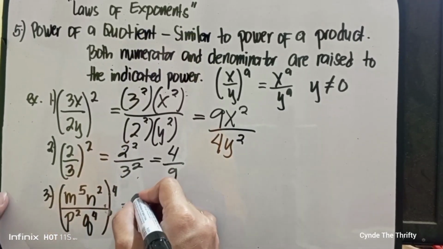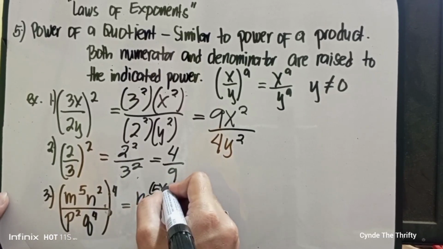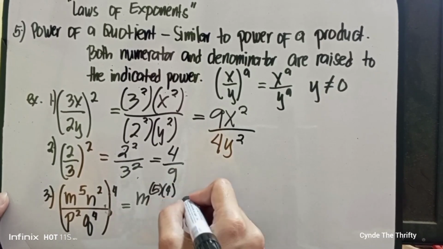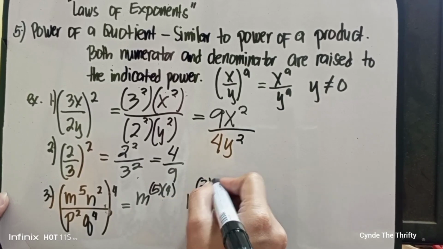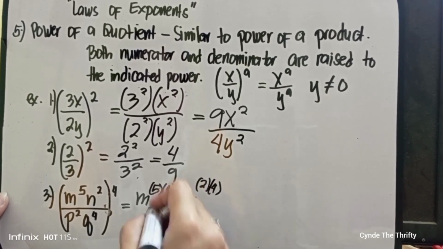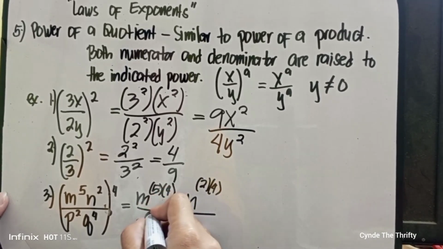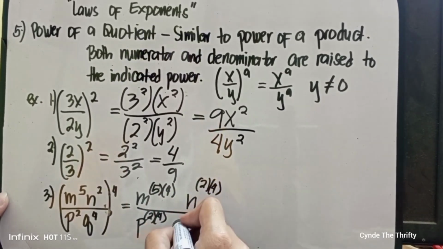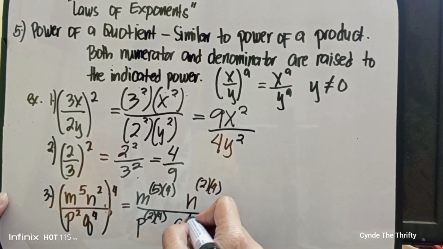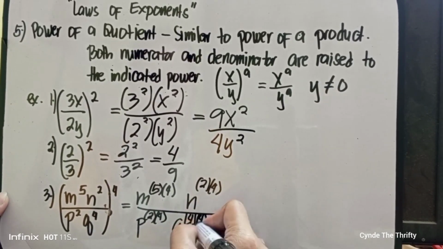So, that is m 5 multiplied by 4 and then n 2 multiplied by 4 over p 2 multiplied by 4 and then q 4 multiplied by 4. Ayan.